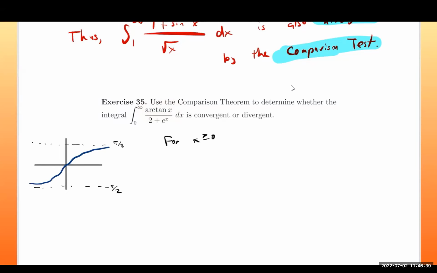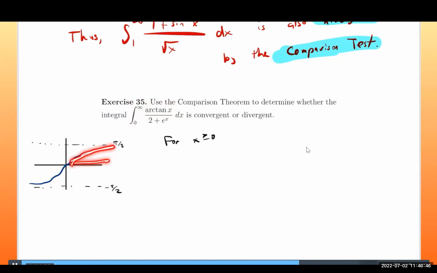So what we can say is that for x greater than or equal to 0, because our limit is greater than or equal to 0, the function is bounded by pi over 2. So arctan of x is less than pi over 2, which is less than 2 as well.